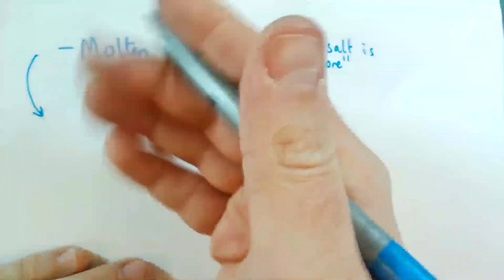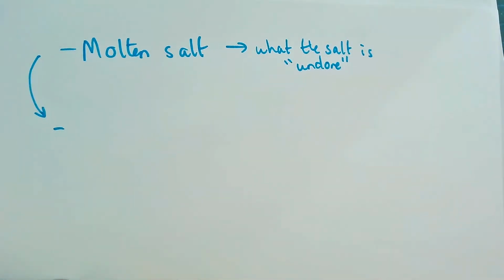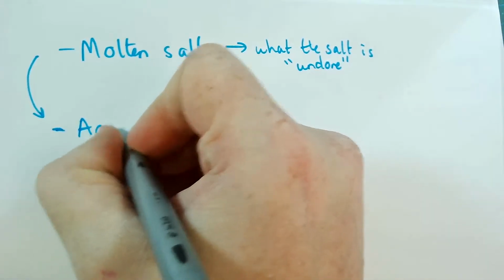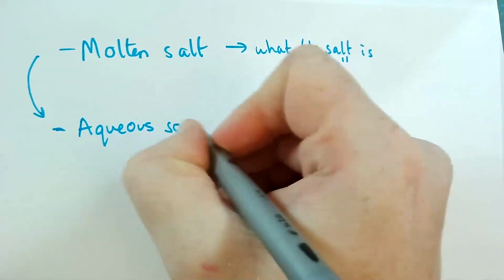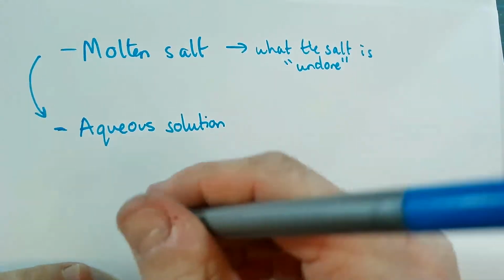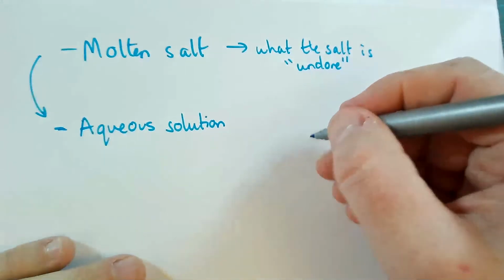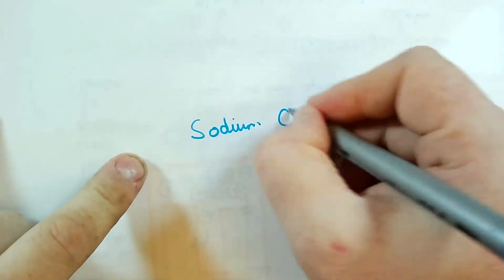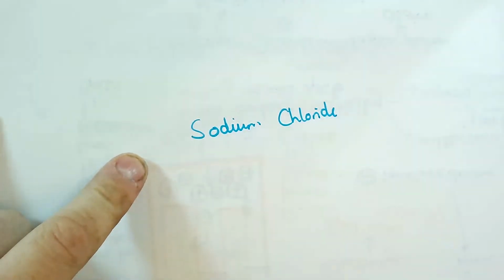What's the next thing they can ask? The next layer down on our electrolysis iceberg is aqueous solution. Let's say we're doing sodium chloride.